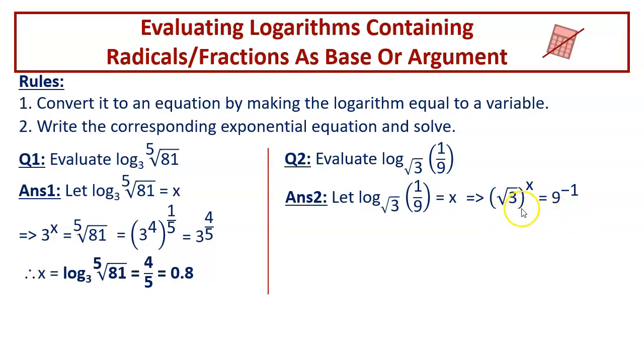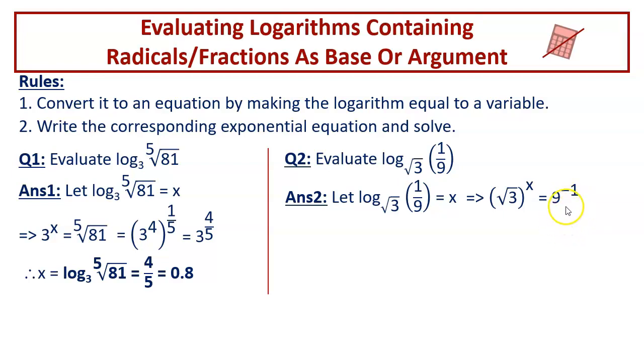But if you want to keep the base as square root of 3, how do you write 9 as some power of square root of 3? 9 is 3 to the power of 2 and 3 is square root of 3 whole squared. So it is square root of 3 whole squared in place of 3, and it is 3 squared.